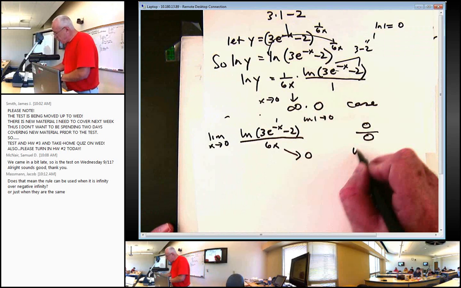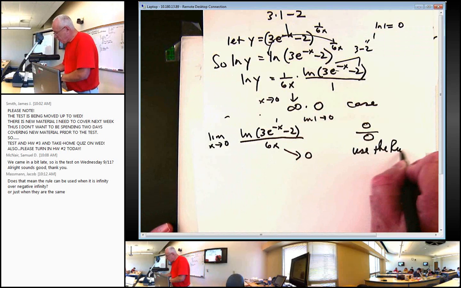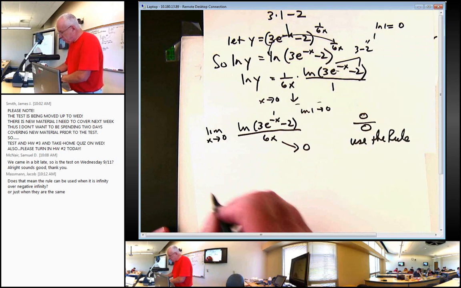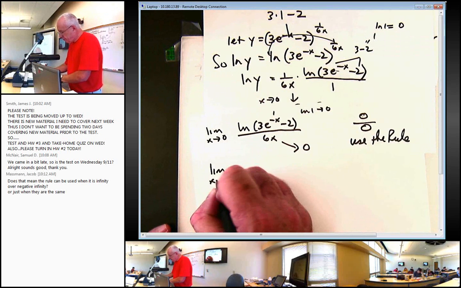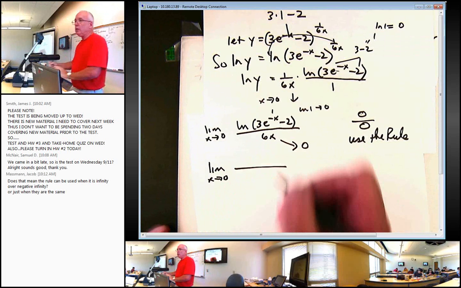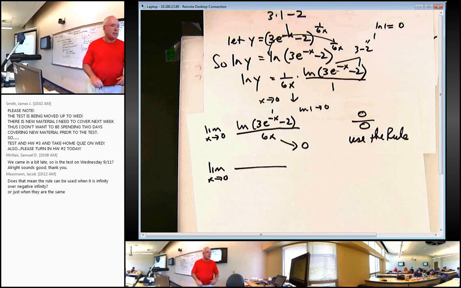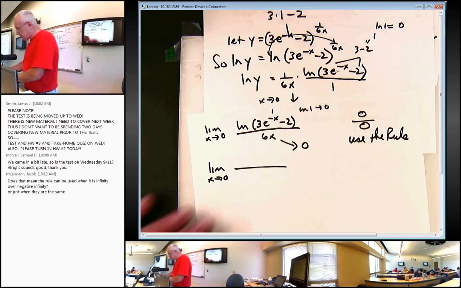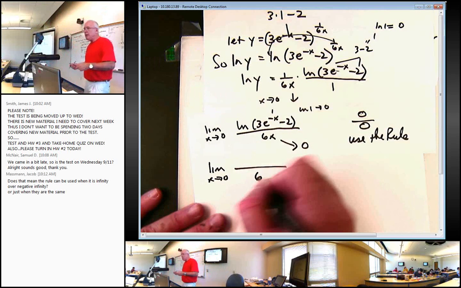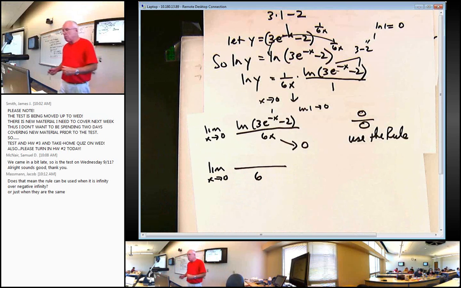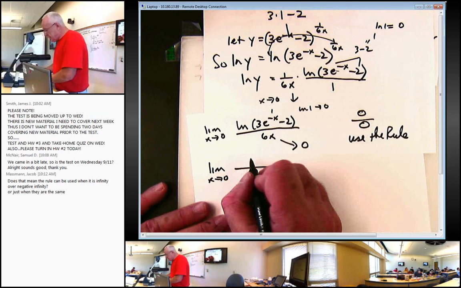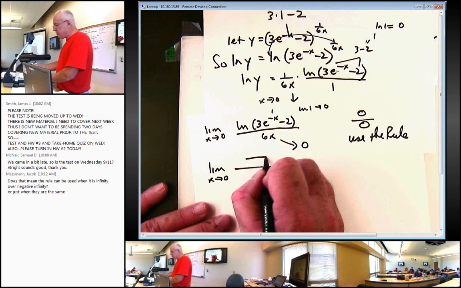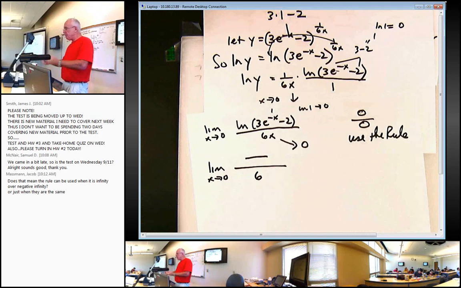So we can use the rule. Let's do the derivative. The bottom one is certainly an easy derivative, so that's a hint you're on the right direction. The derivative of 6x is just 6. The top we have to do a little bit of work on. Again, remember that the natural log derivative is the derivative of the inside function divided by the inside function.